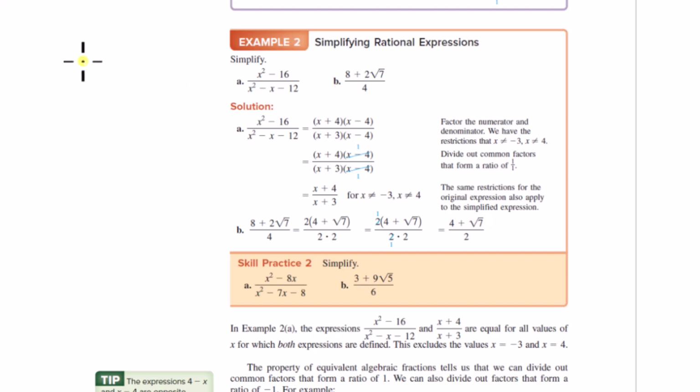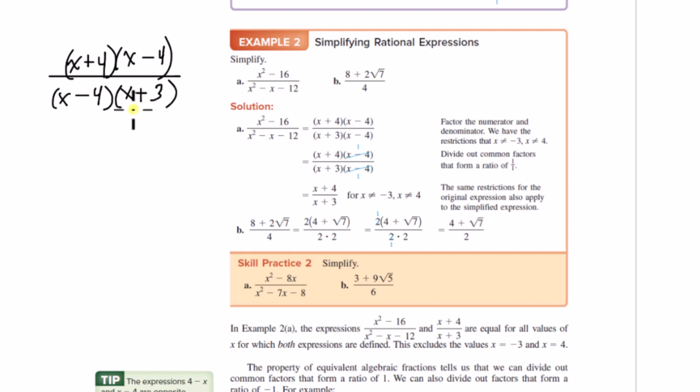So x squared minus 16, that's a difference of two squares. So x plus 4 times x minus 4. And then down here we'll get x minus 4 times x plus 3.